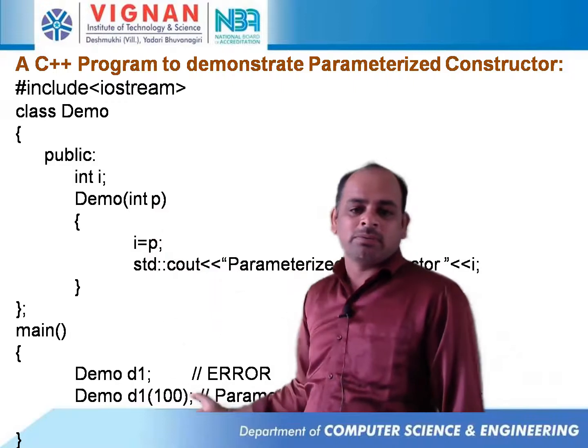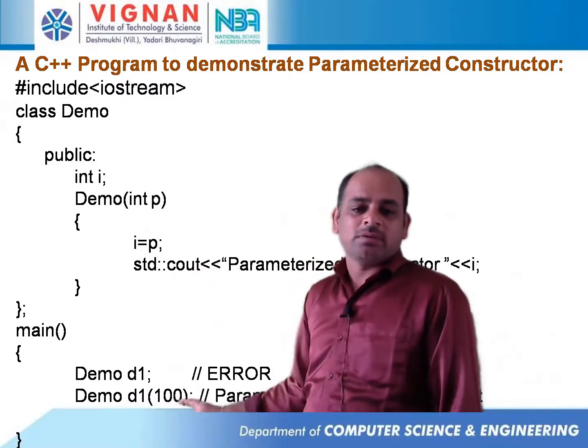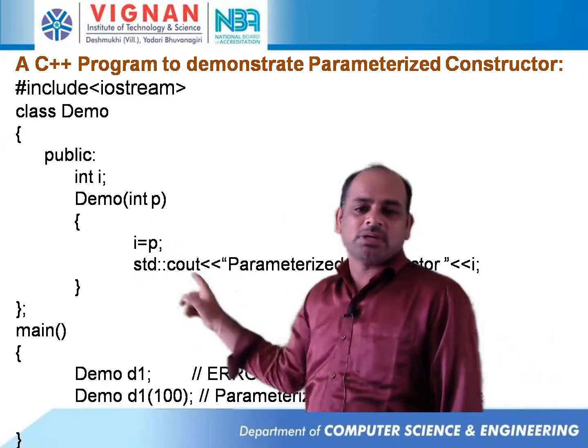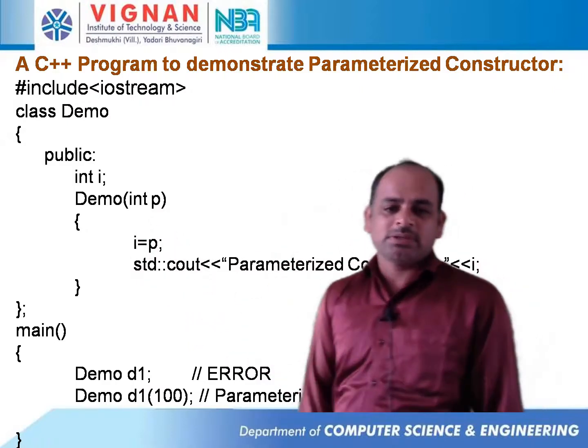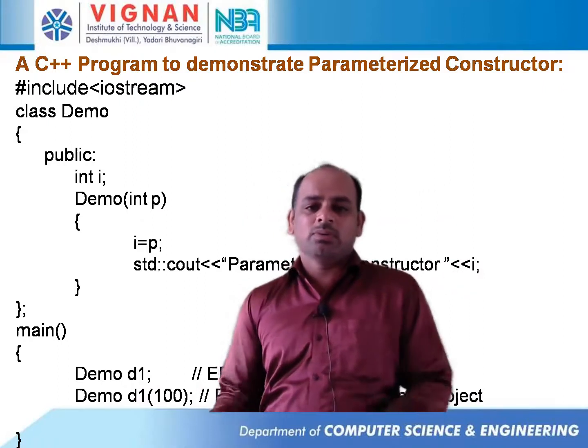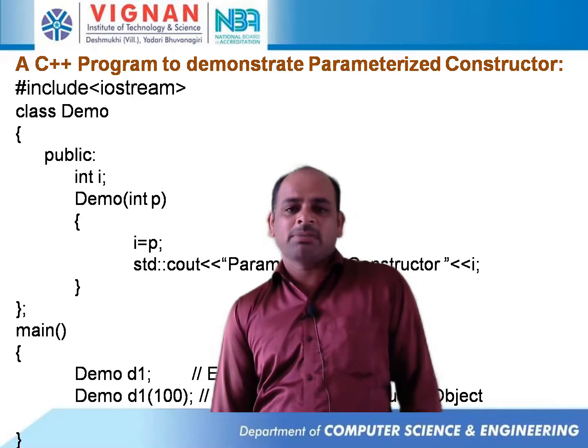So there is the p value I'm passing, D1 of 100 here. So p value becomes 100, and I is equal to p means I value becomes 100. The I value will be displayed as 100 here, right?